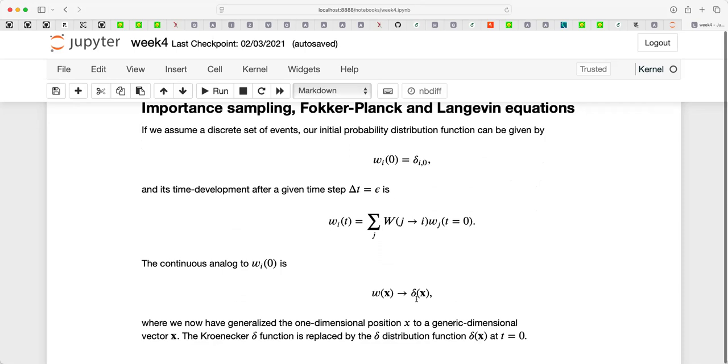So the way you could think of this is, I mentioned this in the beginning, suppose you take a cup of coffee and you add milk to your coffee. So you could think of the milk molecules being distributed in just one point in space in the beginning at t equals 0. And then you could think of your milk molecules being represented by a delta distribution.